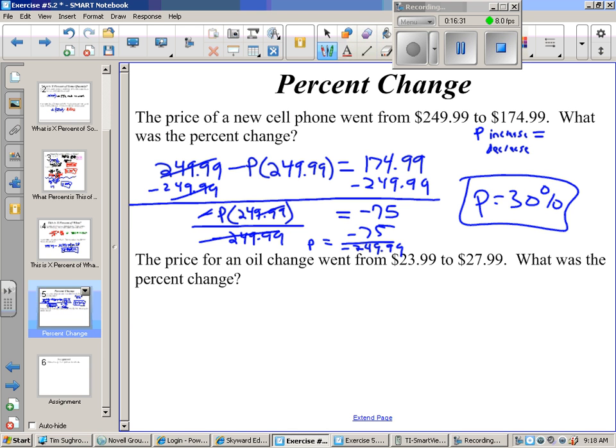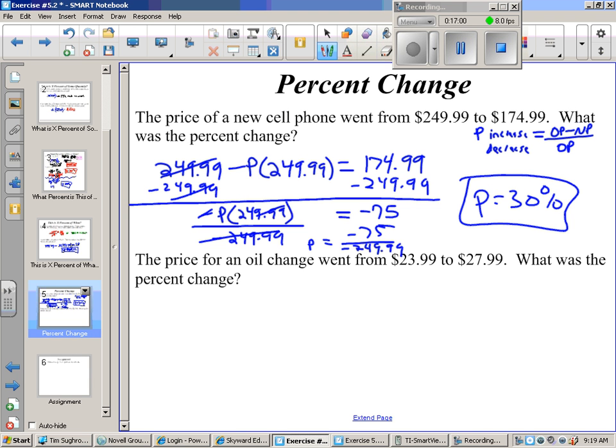In other words, the old price minus the new price, or the new price minus the old, it doesn't matter what order you subtract in. You might just get a negative number. The old price minus the new price divided by the old price. That will work every time. Because if you think about it, the old price minus the new price is 75, divided by whatever the old price was. It works every time.